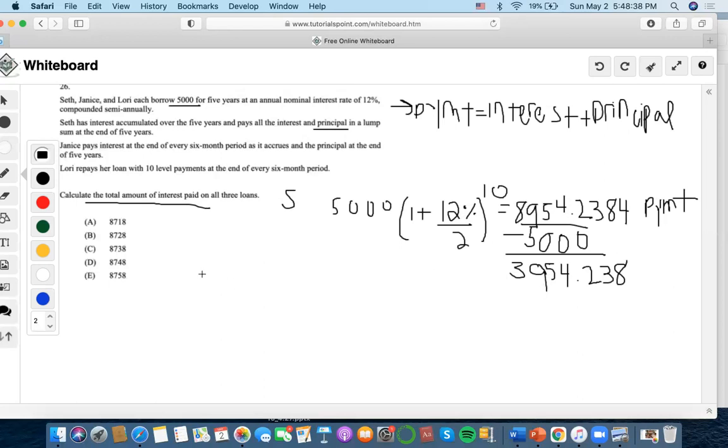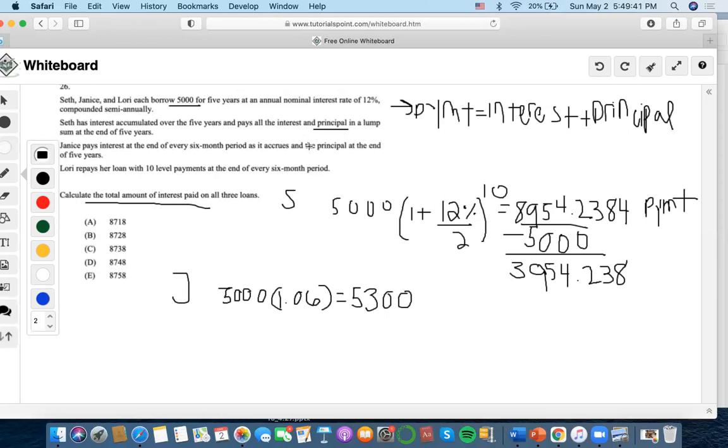Now, the second part is that Janice pays interest at the end of every 6-month period as it accrues, and the principal at the end of 5 years. Okay, so since Janice pays interest at the end of every 6 months, we have to figure out how much interest she pays in every 6-month period. Well, since we're dealing with 12% compounded semi-annually, we find the amount paid by multiplying the 5,000 by 1.06, which gives a payment of 5,300.